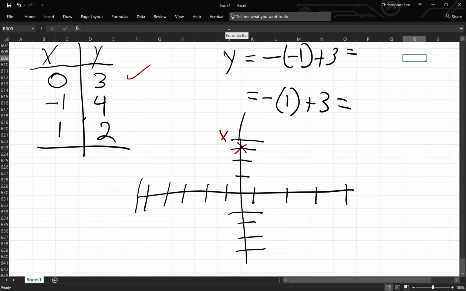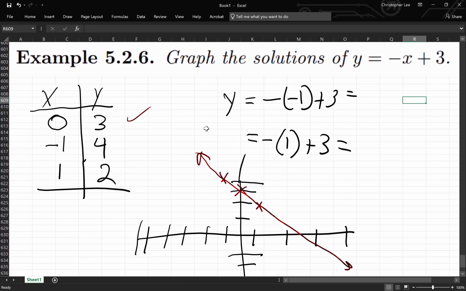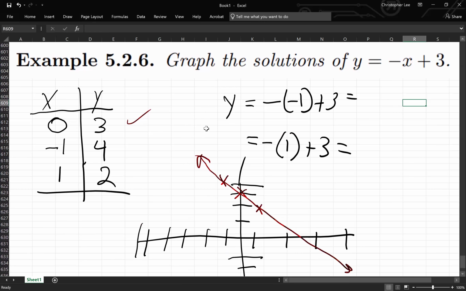Where's that? Over 1, up. Exactly. Make your line. You put the arrows in there. Yeah, I like to. And that's it. Go ahead.